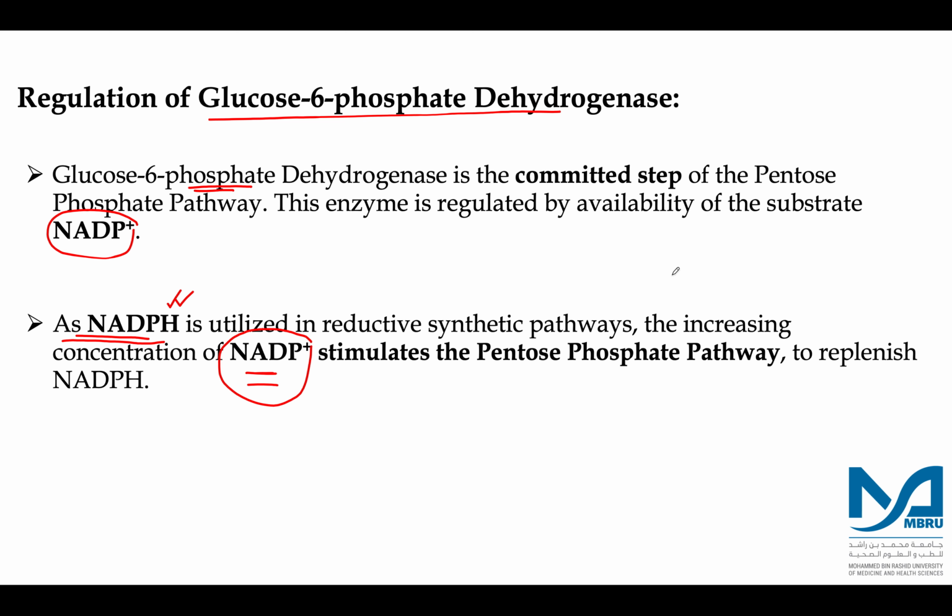As we have more and more of NADP, we will have more glucose 6-phosphate dehydrogenase activity to replenish the NADPH stores in the body. And a major function of NADPH is to participate in synthetic pathways such as synthesis of fatty acids.